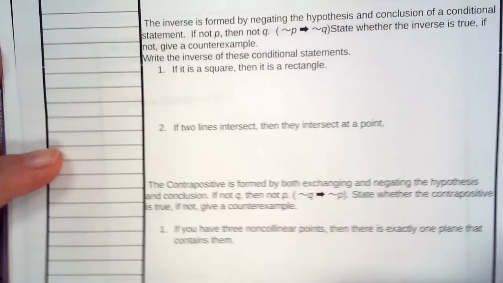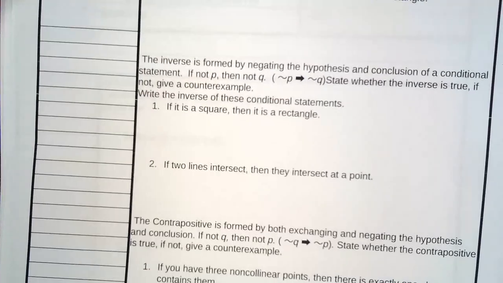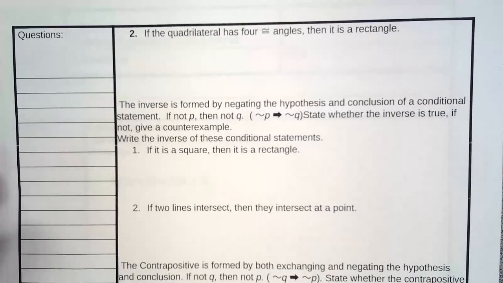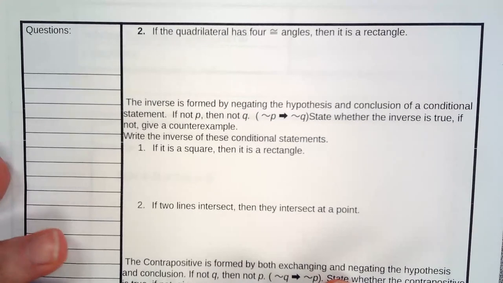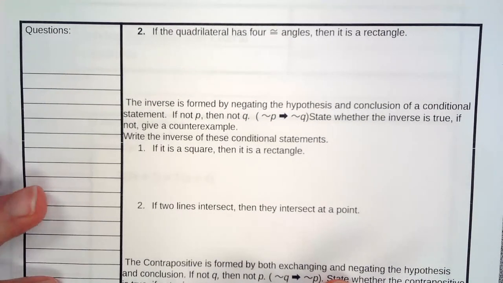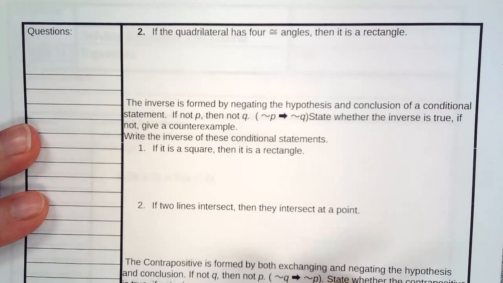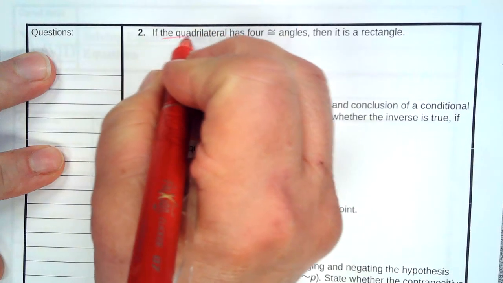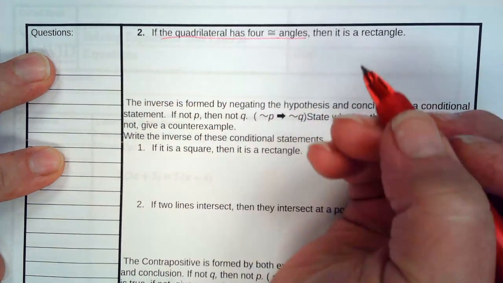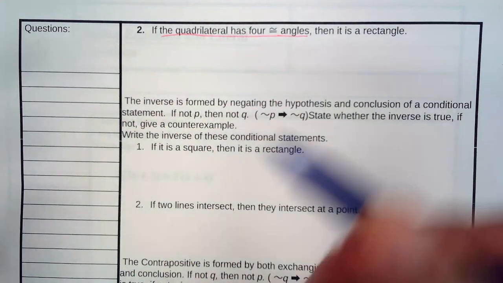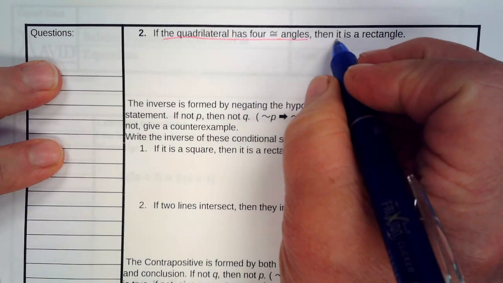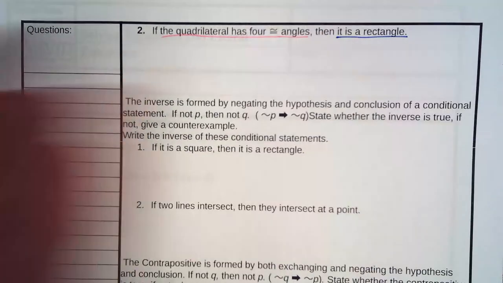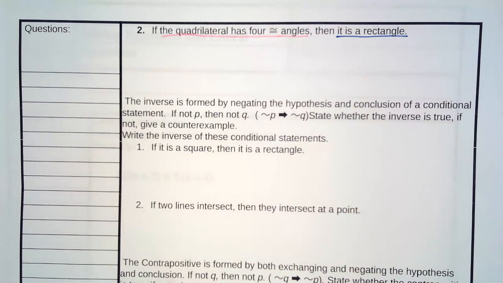Okay, if a quadrilateral has 4 congruent angles, then it is a rectangle. So we're going to switch it around. The hypothesis is the quadrilateral has 4 congruent angles. The conclusion is it is a rectangle. So we're going to switch them around.